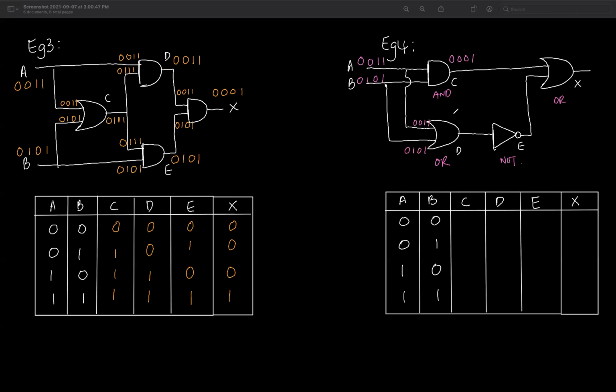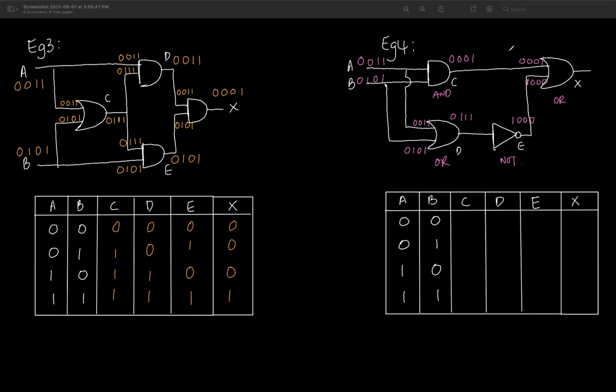So the OR gate would be 0, 1, 1, 1. And then you pass through this one, the NOT gate, inverted. So 1, 0, 0, 0. Okay, coming out from E is 1, 0, 0, 0. And 1, 0, 0, 0 goes to the input of the OR gate. And this one, bring it here.